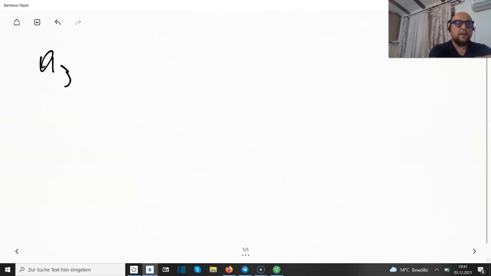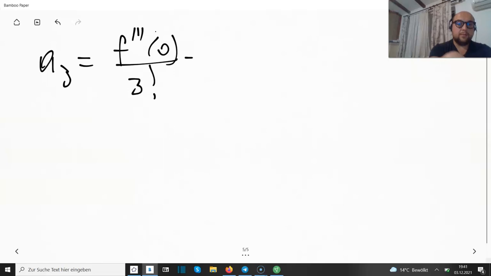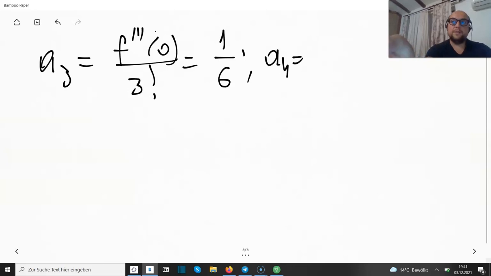So a3 would be, as you can see, the third derivative at 0 divided by 3 factorial, so that would be just 1 divided by 6, right? And a4 would be the fourth derivative divided by 4 factorial, which is 1 divided by 24, and one more, a5, would be 1 divided by 120.